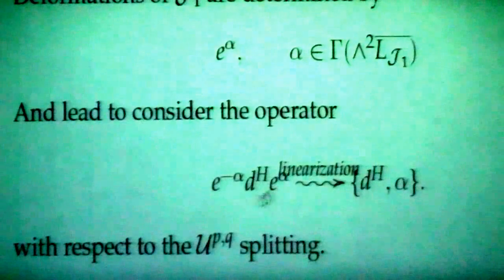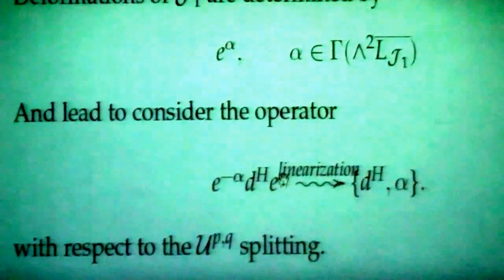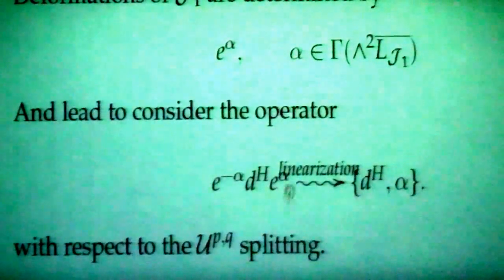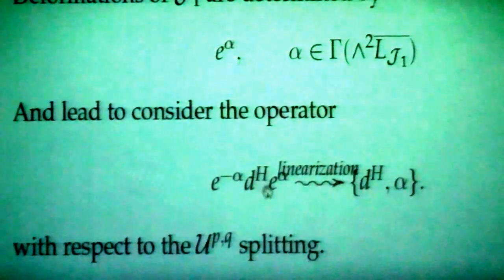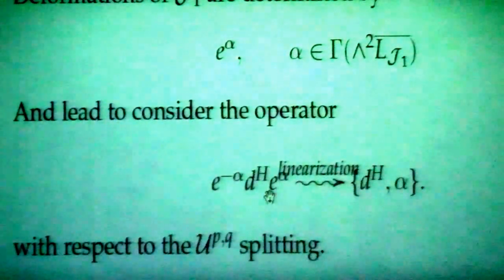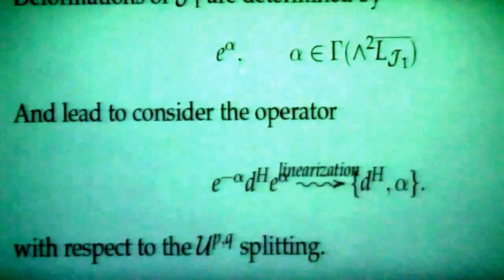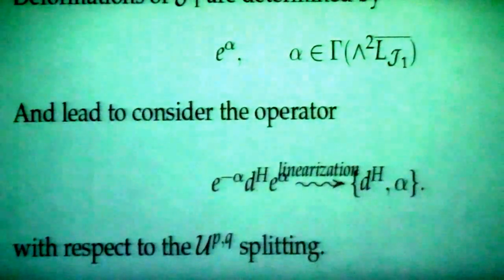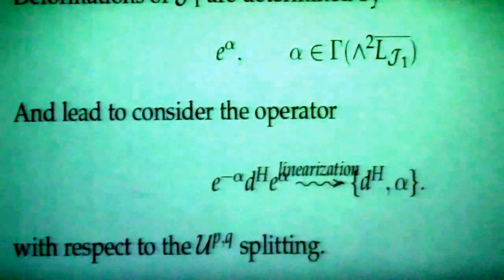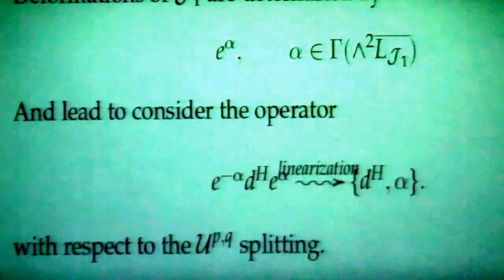We can twist back. So now instead of having the dh as the one that gives me integrability, I have this twisted dh here. So it's twisted by this element alpha, and that's the one that's going to give me the integrability of the deformed structure. Now I'm actually in a good position because I can look at everything in the original PQ decomposition. I don't have to flow the decomposition of forms anymore.